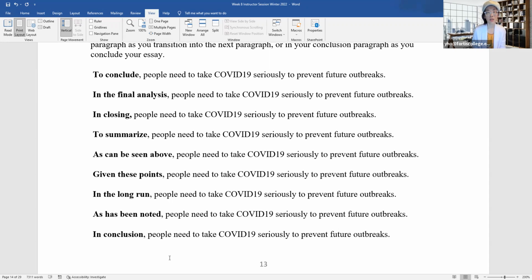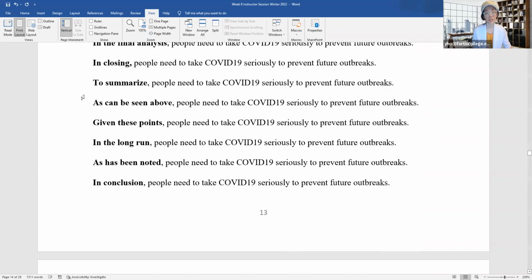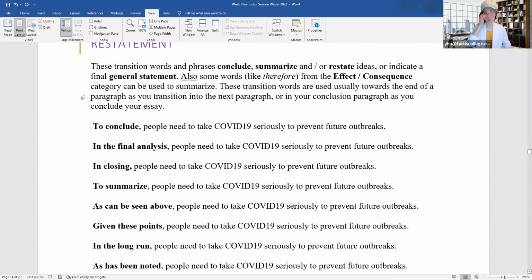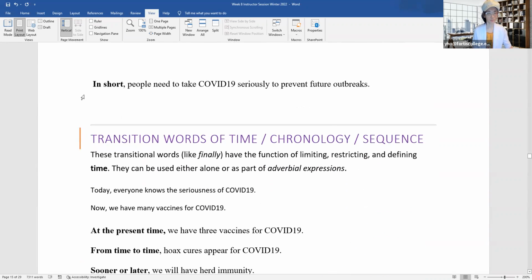But for now, you're just doing something called a summary paragraph, okay? In any kind of conclusion paragraph, you can use these transition words of conclusion, summary, and restatement. They can also be used, like therefore, in short.